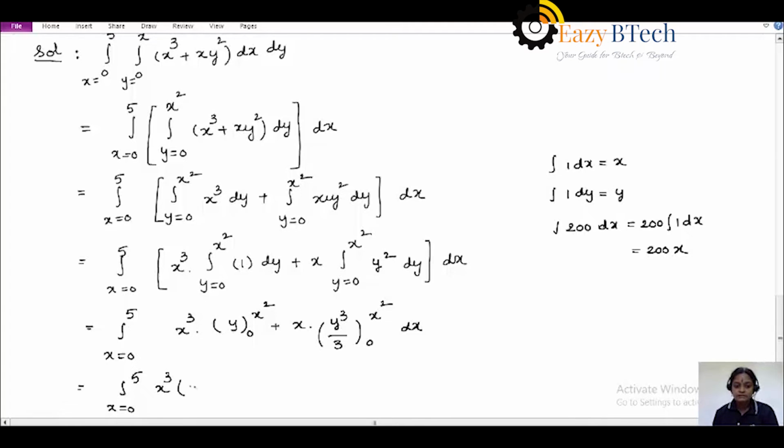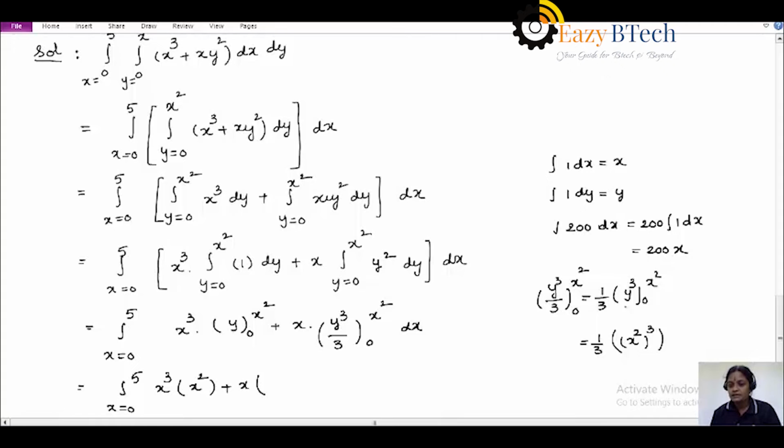Now substitute the upper limit and the lower limit here. The upper limit is x square, the lower limit is 0, and x into y cubed by 3 is there within the limits 0 to x square. So 1 by 3 is common, y cubed from 0 to x square. Then 1 by 3, in the place of y you substitute x square, so x square whole cubed.